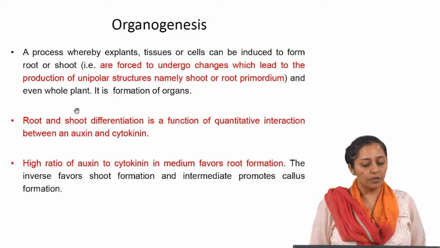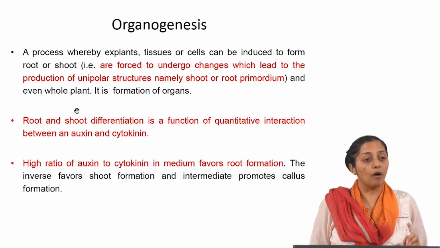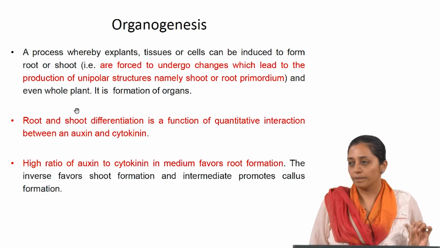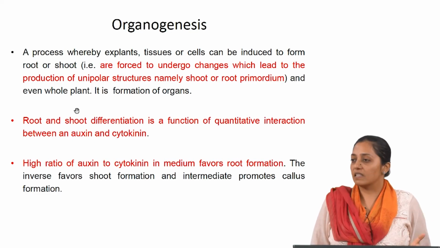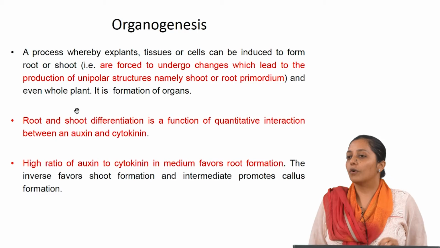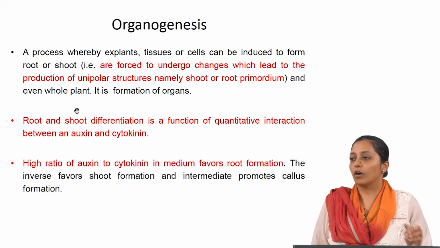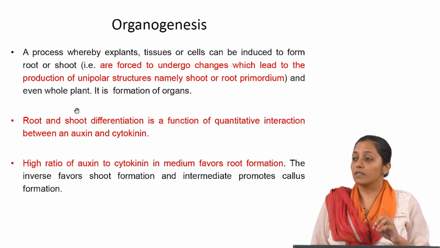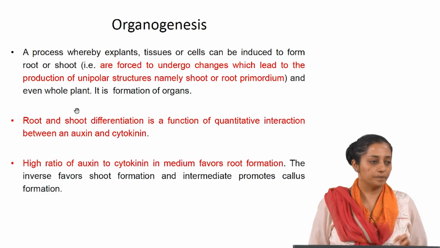Now, root and shoot differentiation is a function of the quantitative interaction between auxins and cytokinins. Last class also, as I said, depending on what species you are working with, whether dicot, monocot, herbs or tree species, the effect of the same auxin may vary.